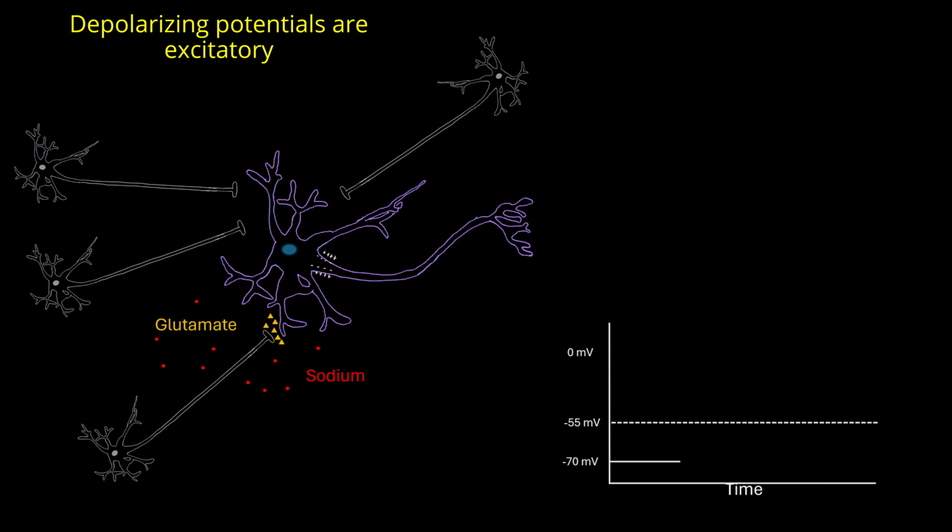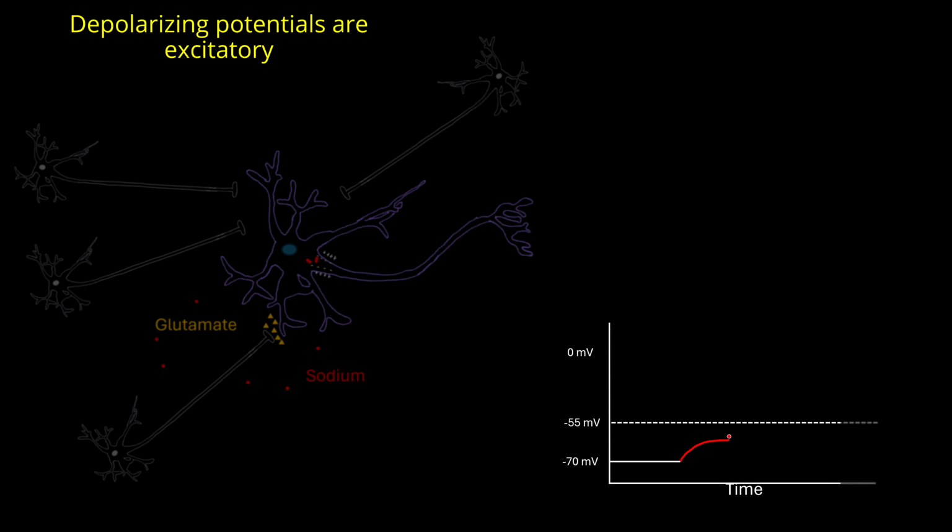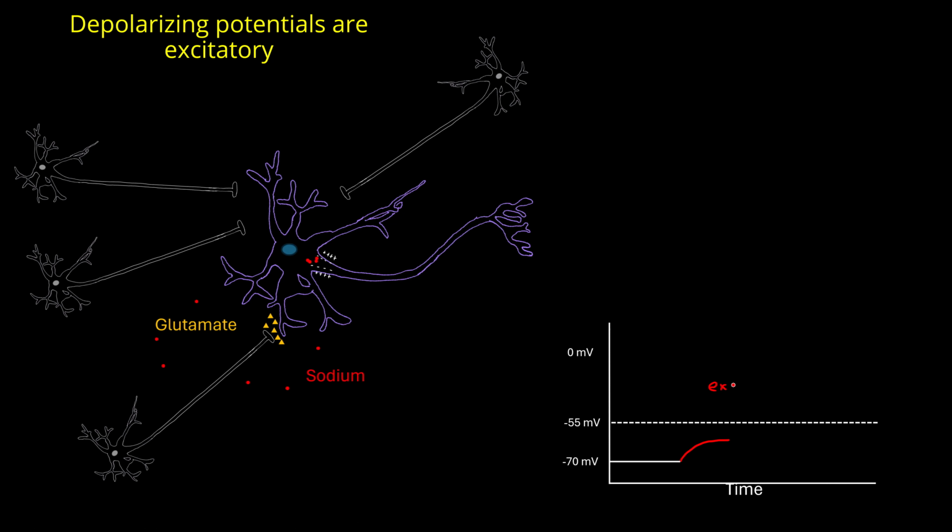When glutamate is released at the dendrites, it causes sodium to enter the cell. This causes a depolarization at the axon hillock. This is excitatory because it raises voltage at the neuron's axon hillock closer to threshold. So this stimulus is called an excitatory postsynaptic potential, or EPSP.